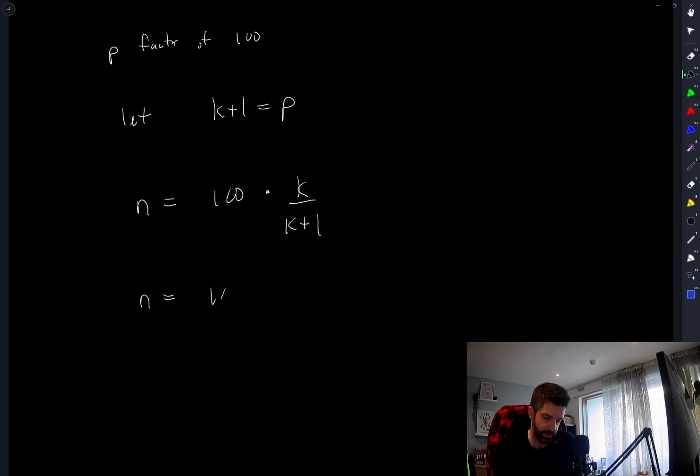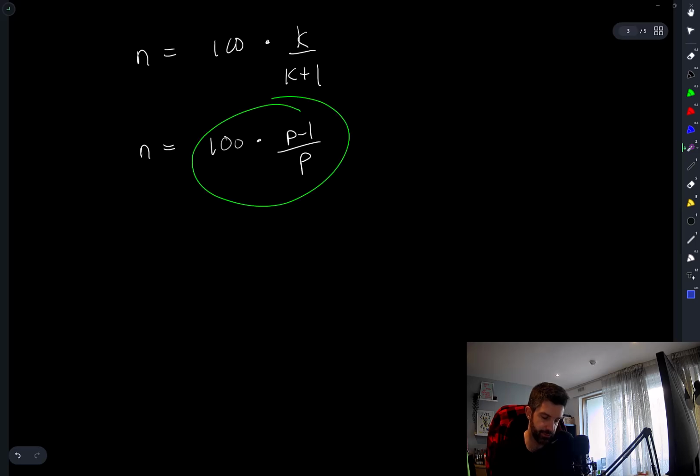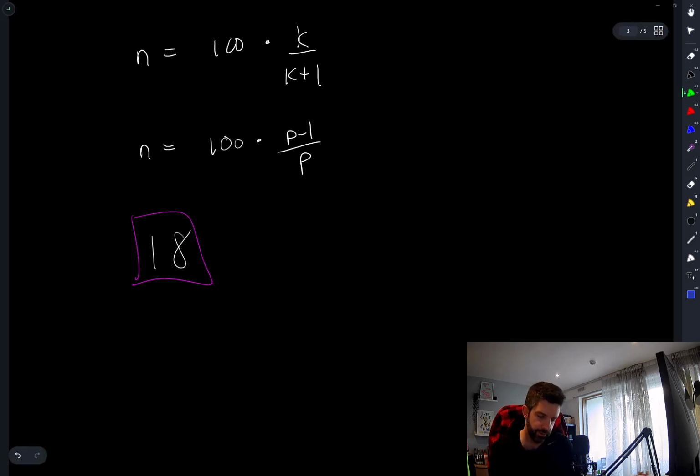So n is 100 times p minus 1 over p, where p is any factor of 100, positive or negative. So clearly if p is a factor of 100, then this is an integer, and that tells us what n is. So I get that it's 18, assuming I counted the total number of factors right.